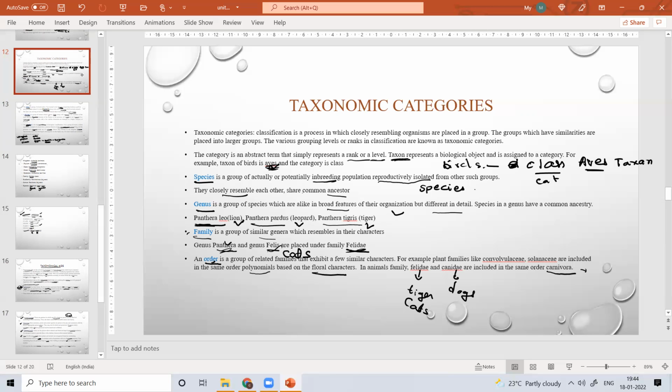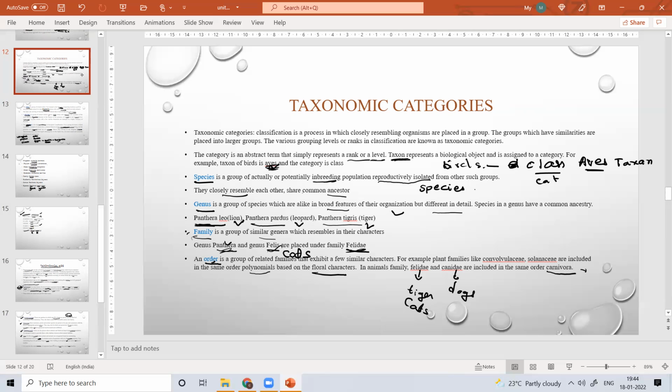And the order is the group of families that exhibit a few similar characters. For example, plant families like Convolvulaceae and Solanaceae are included in the same order, that is Polemoniales, based on their floral characters.